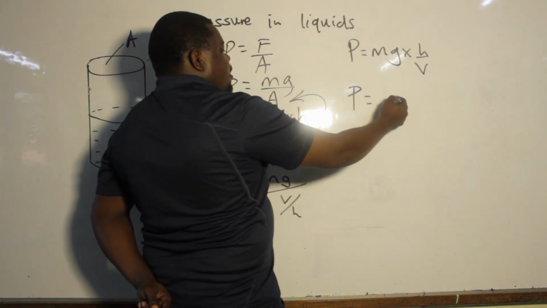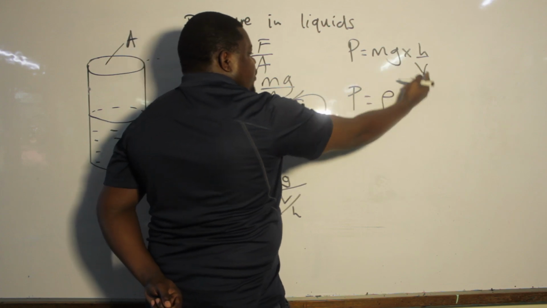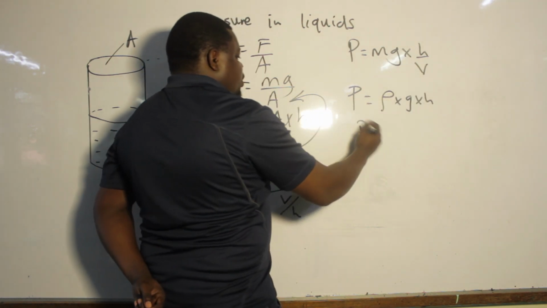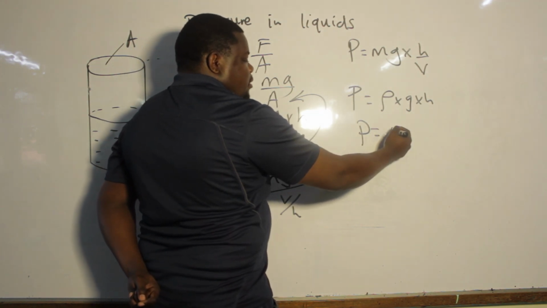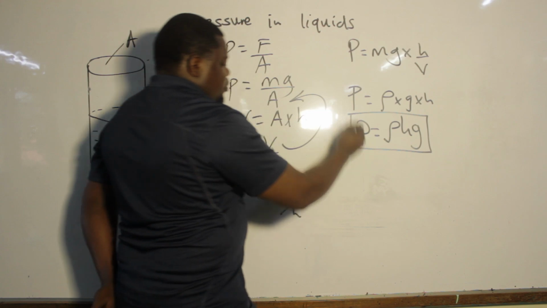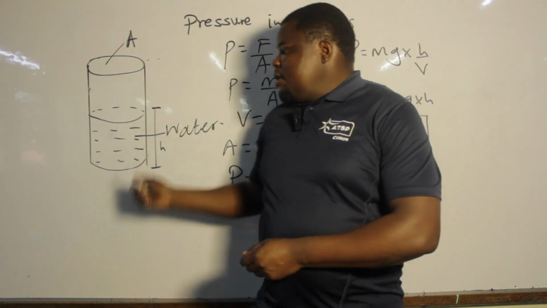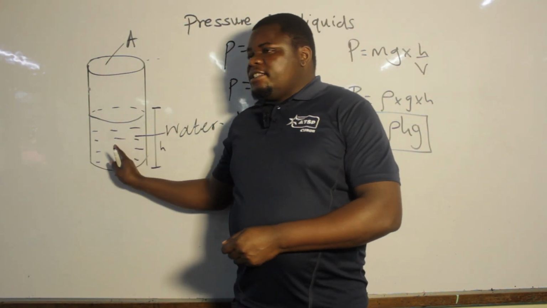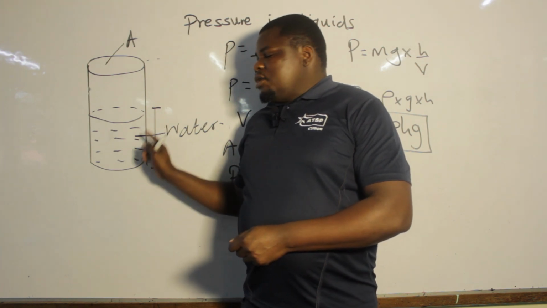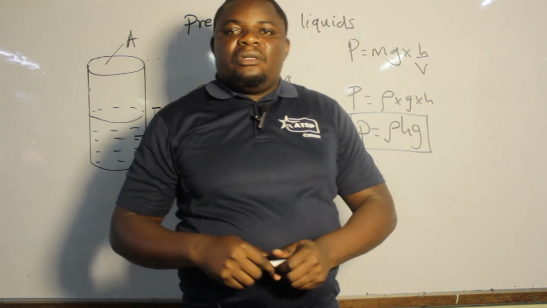Therefore, P is density, which is mass over volume, times G times h. Therefore, pressure in liquids is given by that. So if you want to know the pressure exerted by this liquid here, then we take its density, multiply by the height from the ground, multiply by acceleration due to gravity.